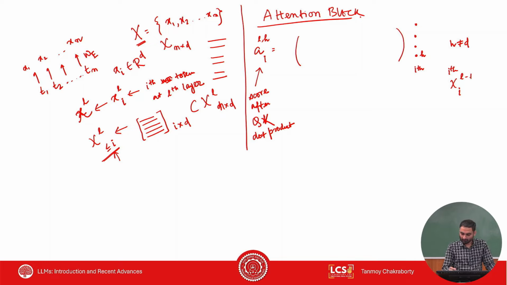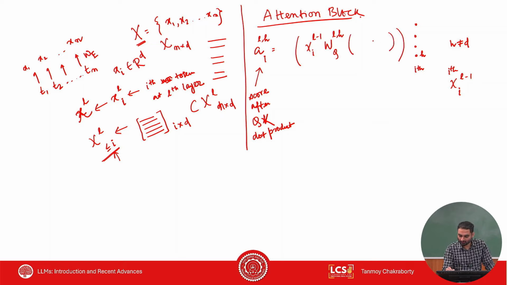So x_i^(l-1) will be multiplied with this query matrix, at lth layer, h head. This will produce the query, isn't it?